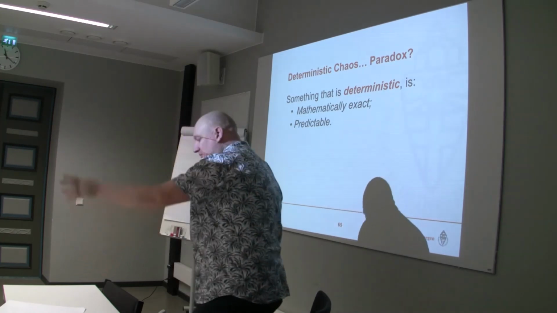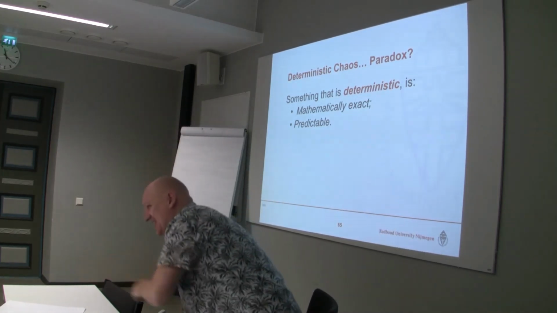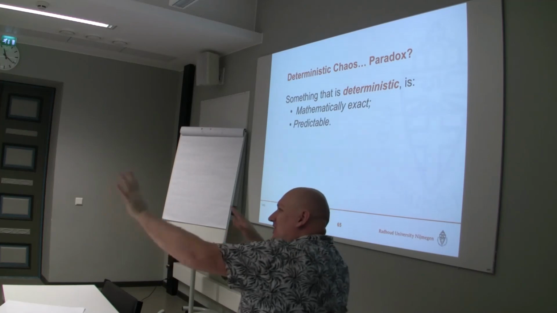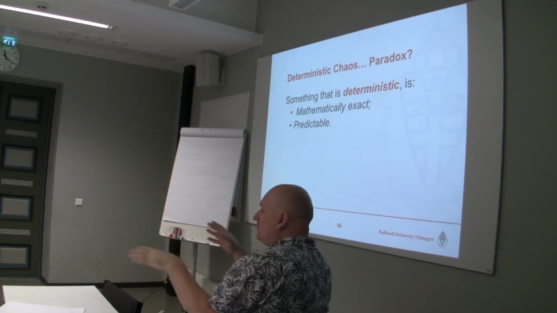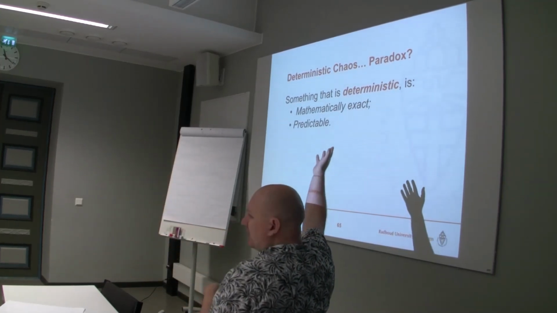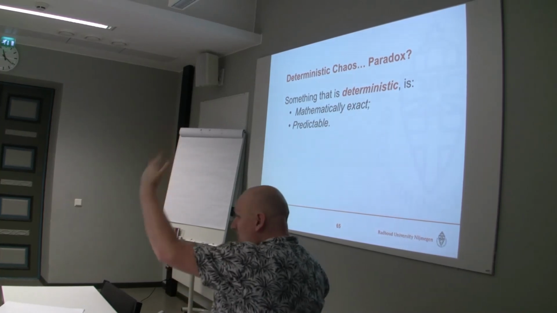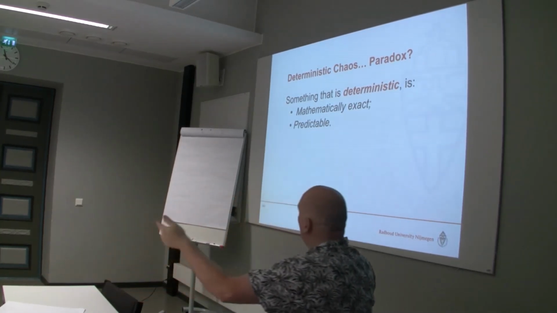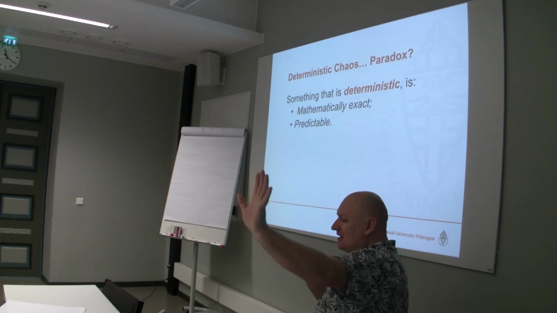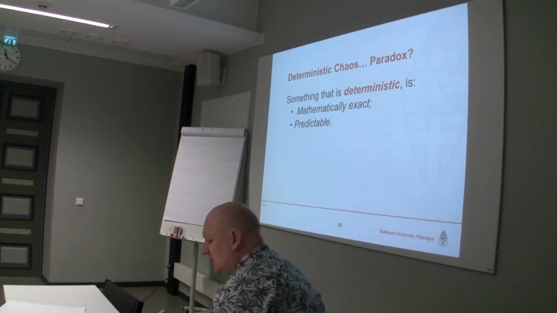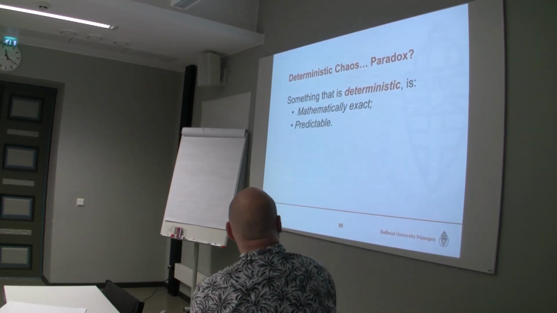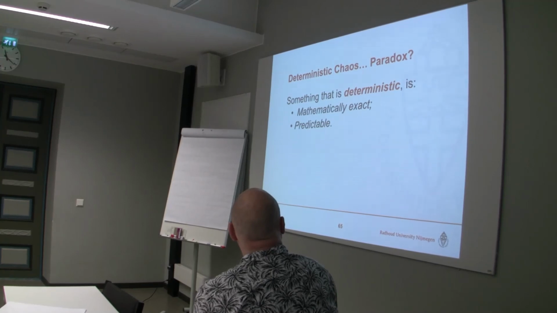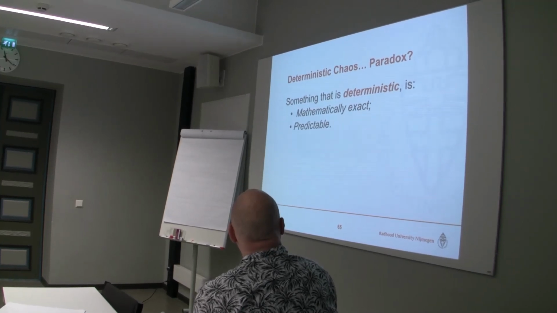But afterwards, if we had a video recording of this, we would be able to calculate the trajectory, and it would be mathematically exact. So we understand why it took this particular trajectory, but what we would find is that there would actually be a very small difference in the initial conditions that caused this difference in the outcome.